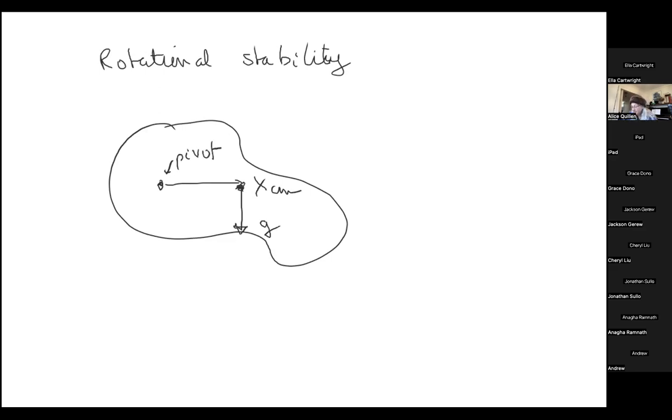Then in order to have this thing in a stable setting, torque balance winds up being X center of mass, which is this vector, cross Z hat has to equal 0.